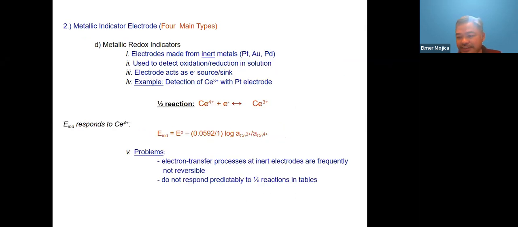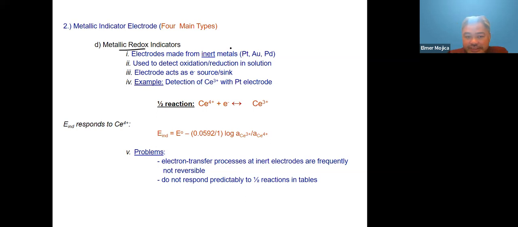So the last type that we have here, so we have the first kind, second kind, third kind. The last type that we have is the so-called metallic redox indicator. Okay? So these types of metallic electrodes serve as a source of, or as a sink for, electrons in other redox reactions.